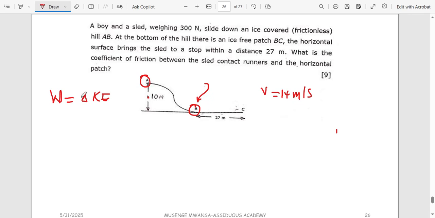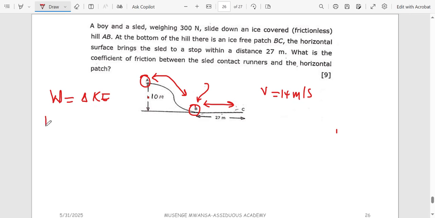If I wanted, I could have used the work energy theorem on top here to find the velocity, and then use the work energy theorem here to find the velocity. We know the object on top, so the work that is going to be done on top: there's a force that will be pushing it downwards, and we call it Fg, but we don't have an angle here, remember.